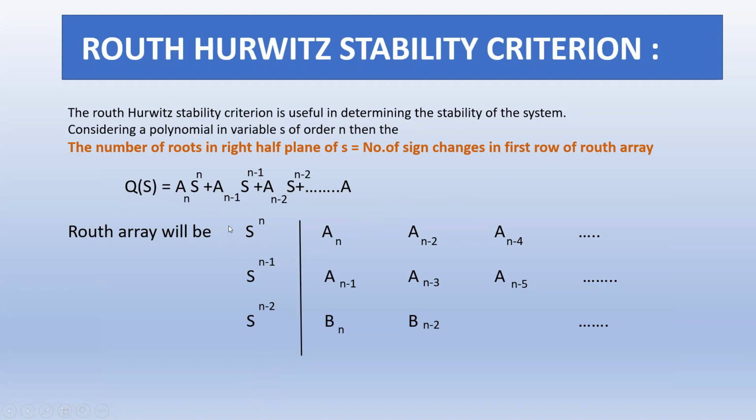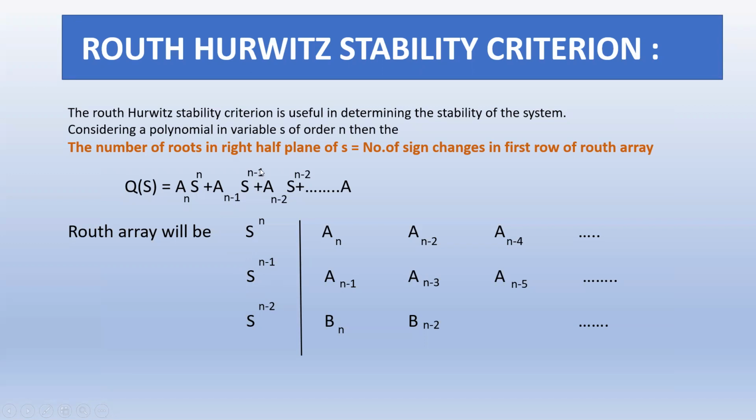In the s power n row, we write the coefficient a_n, and alternate coefficients of the polynomial next: a_(n-2), a_(n-4), and so on up to the s power 0 coefficient if n is an even number. If n is an odd number, then we are left with the a_1 coefficient.